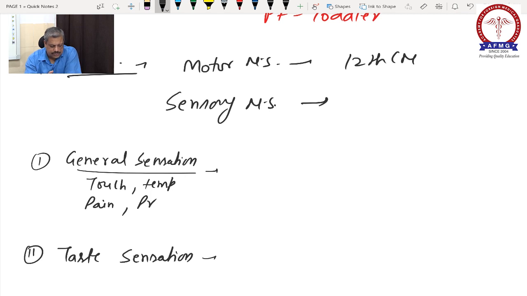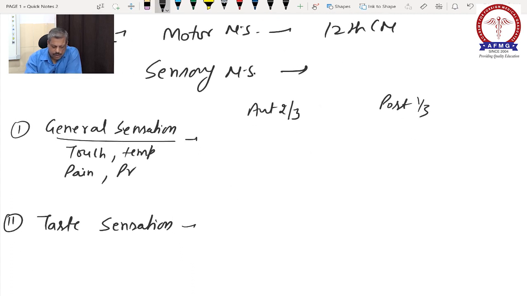So to understand the nerve supply, we divide the tongue into the anterior 2/3 of the tongue, then the posterior 1/3 of the tongue, and the posterior most part of the tongue, which is known as the vallecula. In the anterior 2/3 of tongue, general sensation is carried by the lingual nerve, a branch of the mandibular nerve.